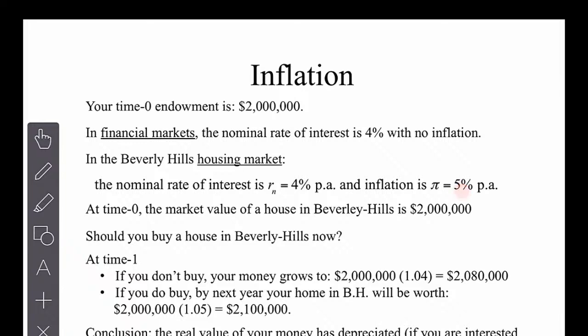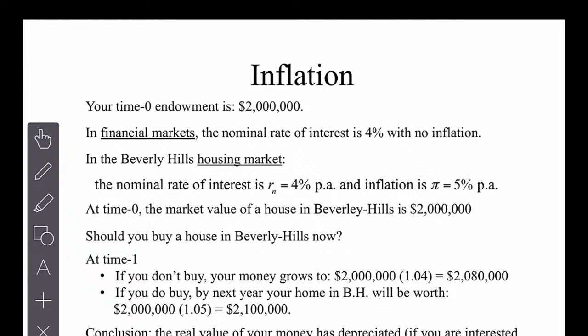That's really high, but okay, let's continue. Right now, you can buy a house in Beverly Hills for $2 million. You're in the market for buying a home. You have $2 million, and a house in Beverly Hills is $2 million, but the prevailing environment is such that the prices will rise.